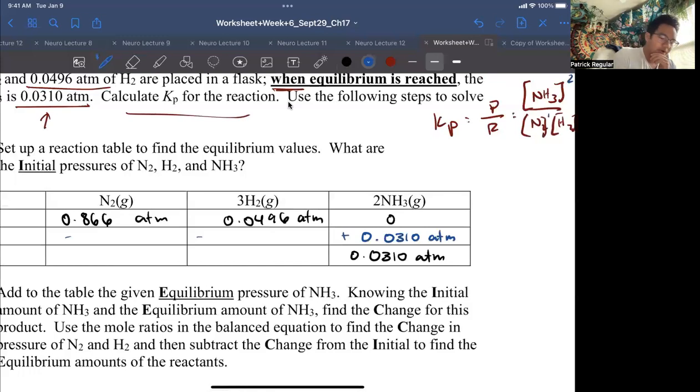What do we subtract by in our ICE table? We use our molar ratio. So if 2x is added here and 2x is 0.0310, we have to subtract 3x from over here.